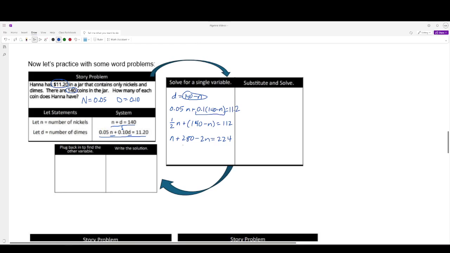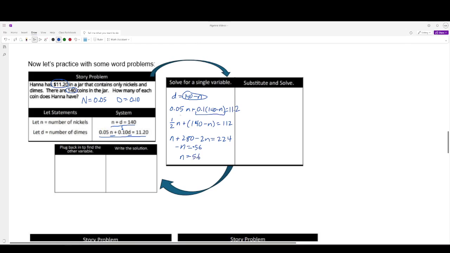So now we're going to collect our terms on the right side of the equation. I have negative n. I'm going to subtract 280. So I end up with 56 on that side, negative 56. Then we switch our signs, dividing by -1. So we find out there are 56 nickels.